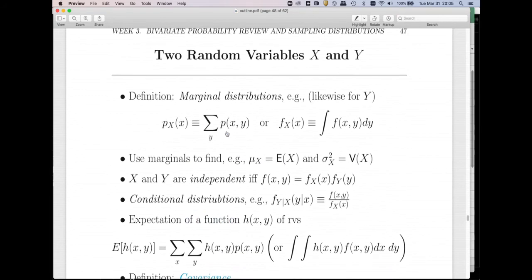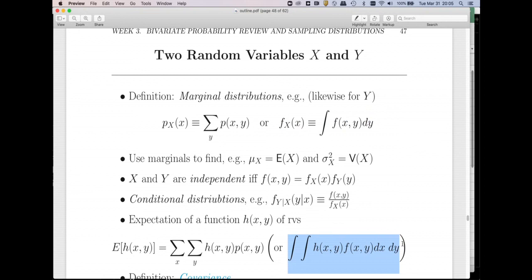So the last thing that I want to say is that everything we just did, which I think is fairly easy to understand when you have 2 discrete random variables that only take a couple values, can be repeated when you have 2 continuous random variables.